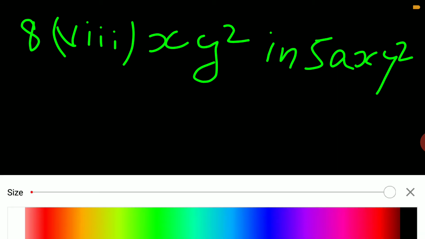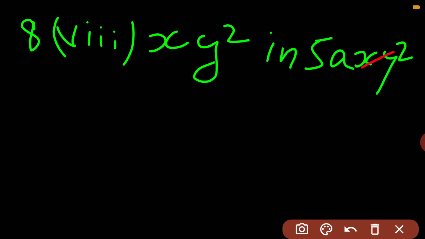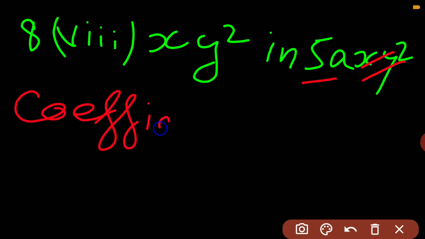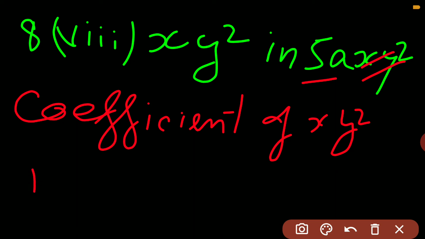If we take this xy square out, the remaining thing in my hand will be 5a. So I can write coefficient of xy square is 5a. So that's how we are supposed to do question number 8.